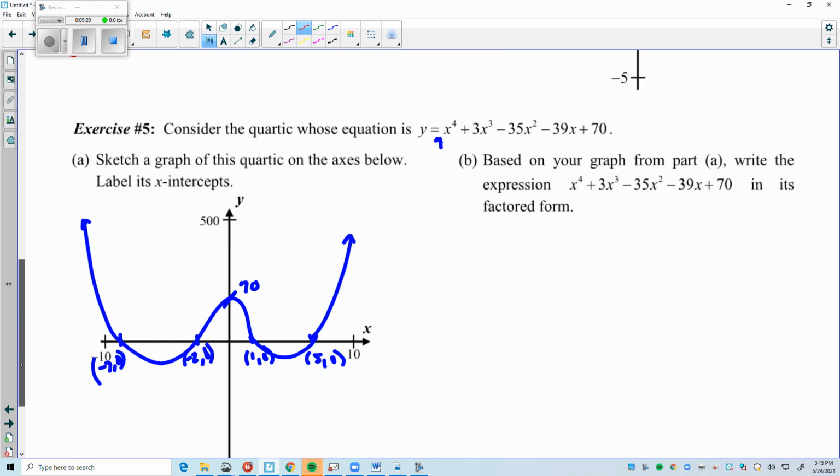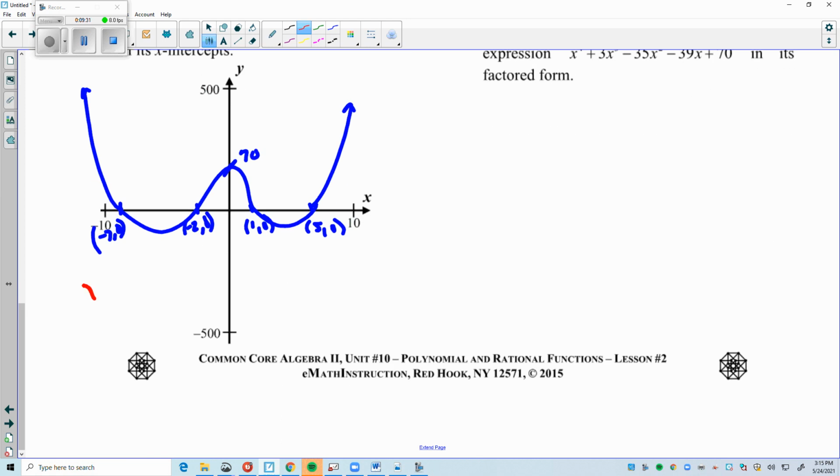Okay, so let's try this here. If I know I have a 0 at x equals negative 7, switch the sign, the factor had to be plus 7. If I have a 0 at negative 2, switch the sign, that has to be plus 2. We have a 0 at 1, switch the sign, that's got to be negative 1.